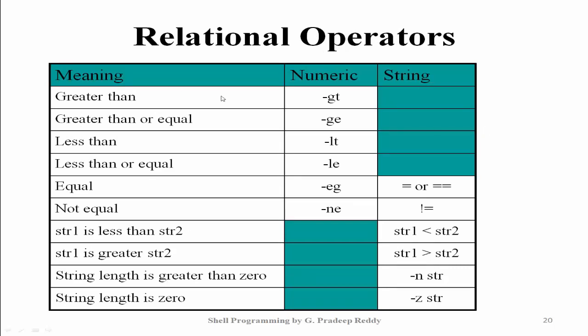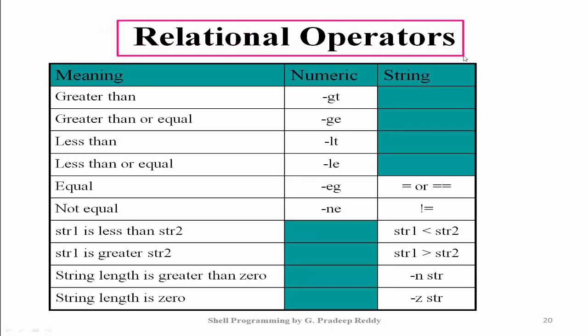Next concept we are going to discuss is relational operators. Here you are using different symbols: greater than or equal to, less than or equal to, equals using -eq, not equal using -ne, otherwise you can use not equals.